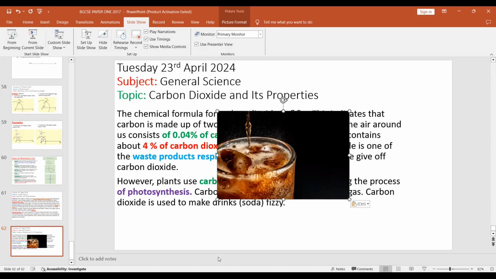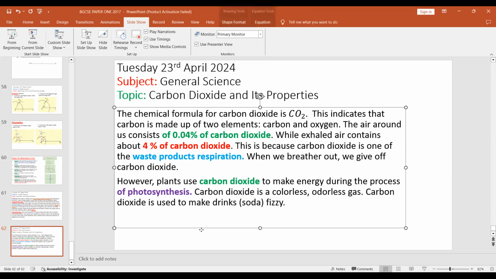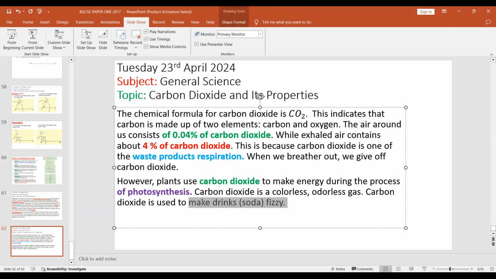Carbon dioxide, very good. So carbon dioxide is the gas that is used to make sodas fizzy. That's a very important property. It makes drinks fizzy.